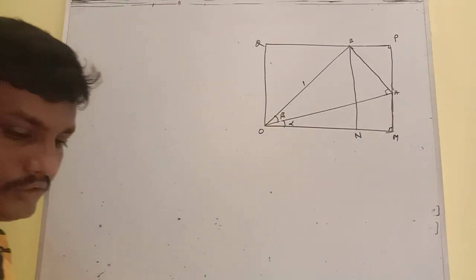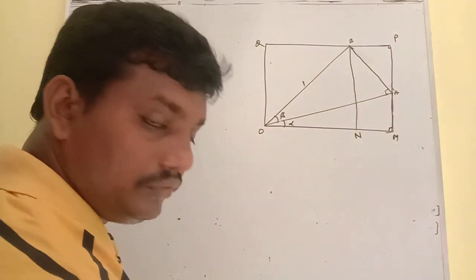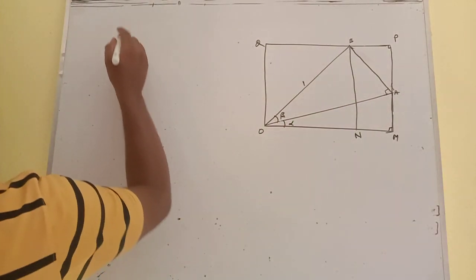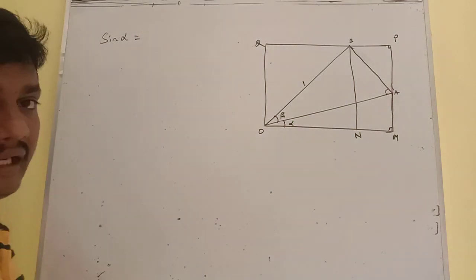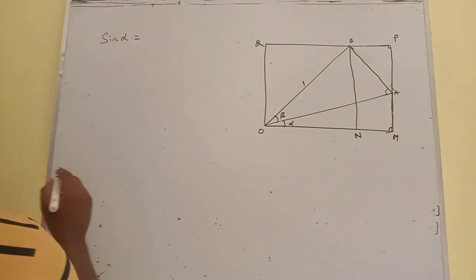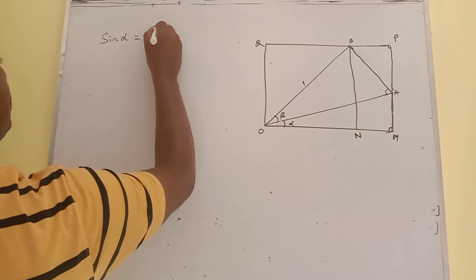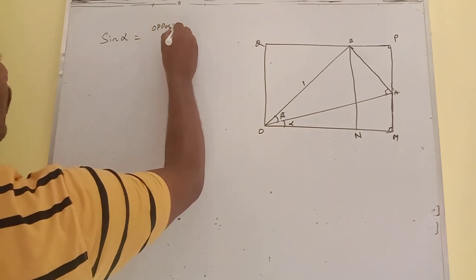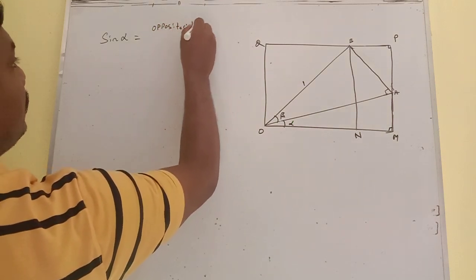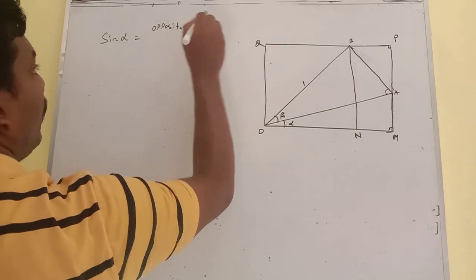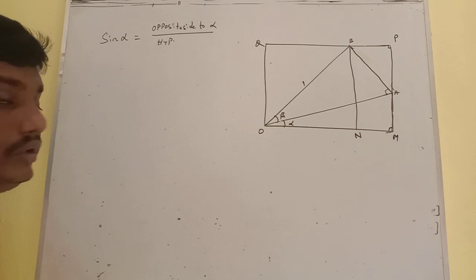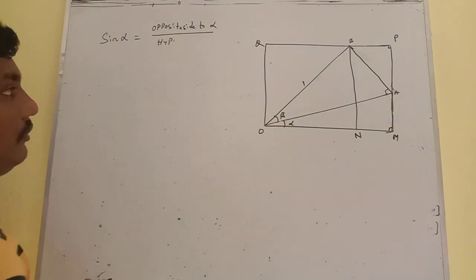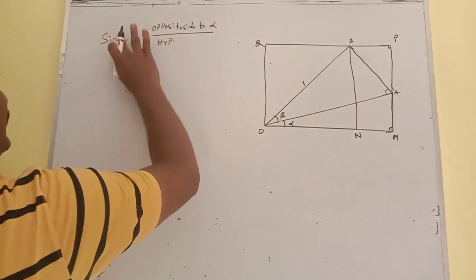In this case, we have to remember one formula. Which formula? Sin alpha is equal to opposite side to alpha by hypotenuse. That means we are calling it sin alpha, or sin theta we are considering.